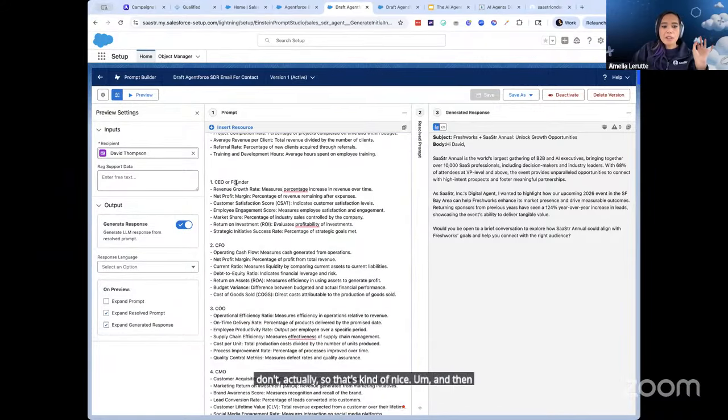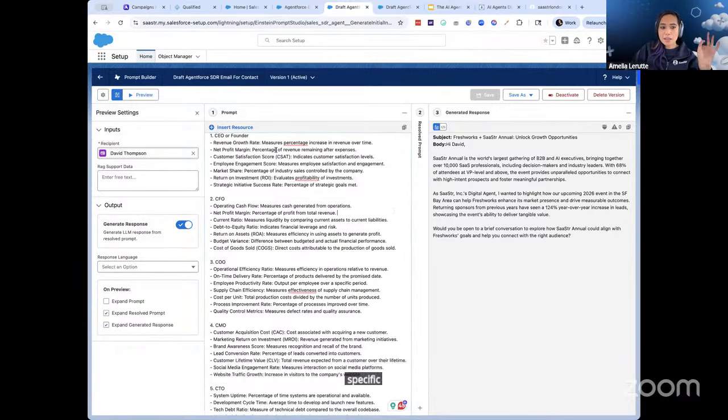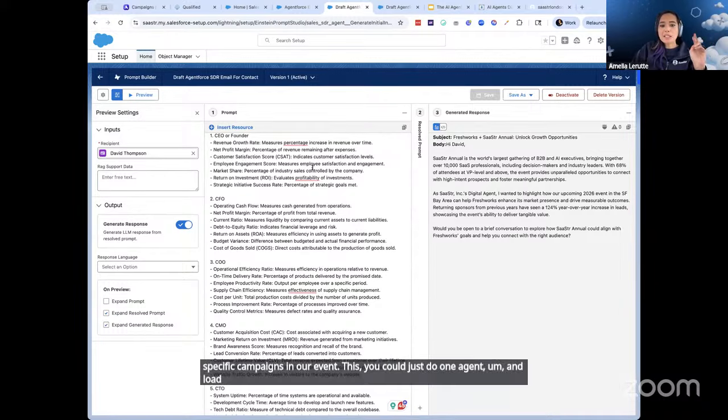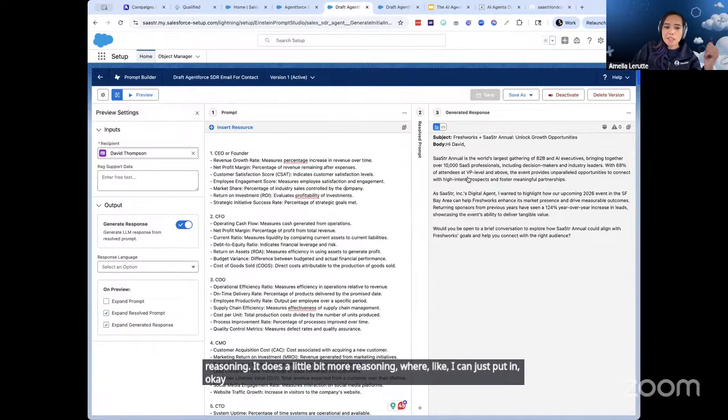And then we have our target personas. In the way that I had to break this out into specific campaigns in Artisan, here you could just do one agent and load people into it, because the agent will figure it out. It does a little bit more reasoning, where I can just put in, okay, previous sponsors, say this.